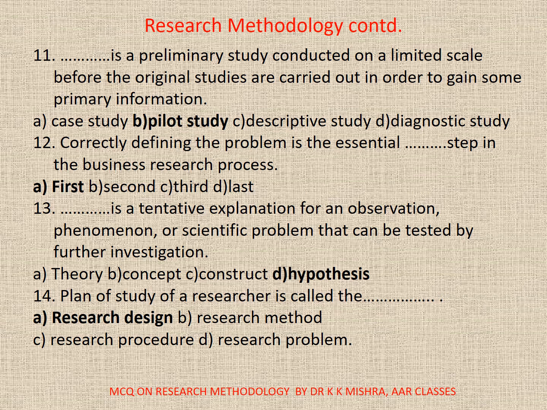A. Theory. B. Concept. C. Construct. D. Hypothesis. Correct option is D. Hypothesis. 14. Plan of study for a researcher is called the dash. A. Research design. B. Research method. C. Research procedure. D. Research problem. Correct option is A. Research design.